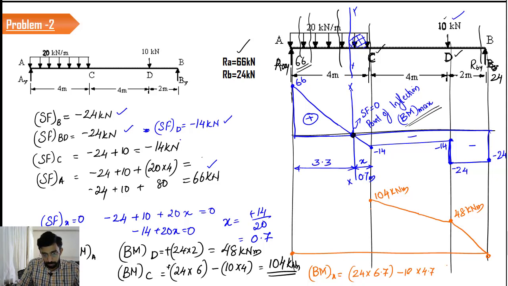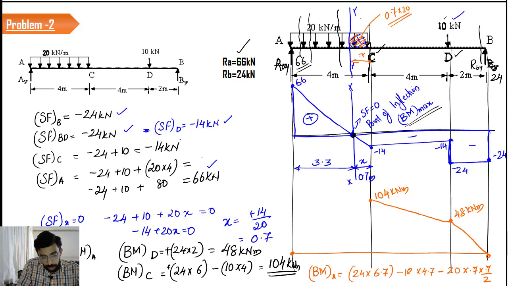Now we have to consider the moment due to this much load. That is equal to negative 20 into 0.7 into 0.7 by 2. The total distance in this range is 0.7, so the total load is going to be 0.7 into 20.